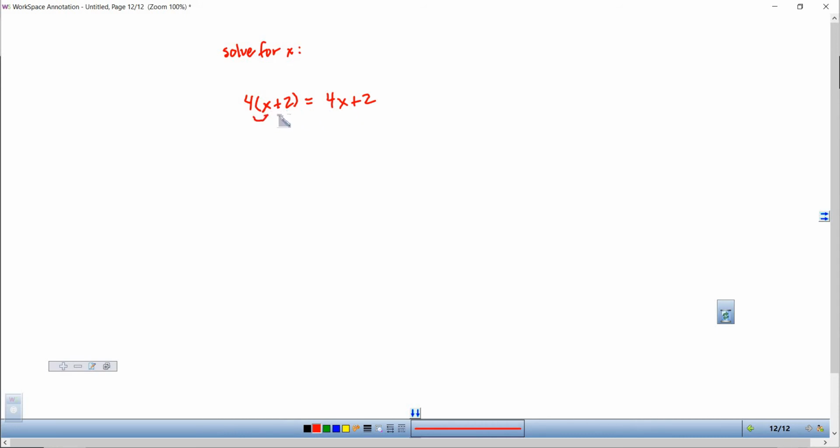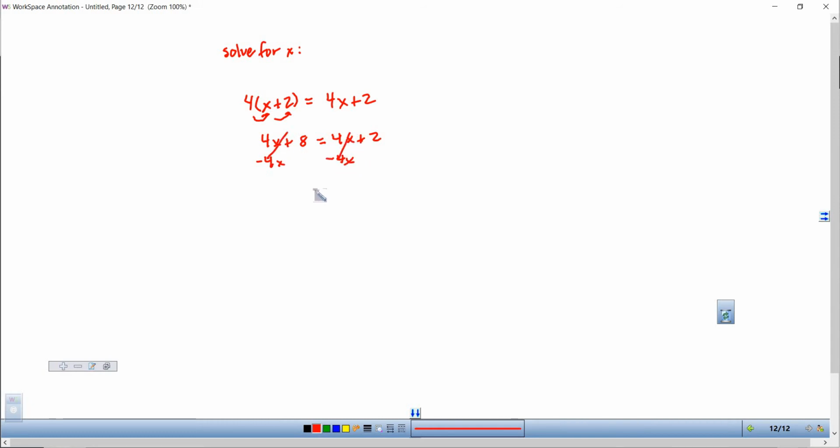Well, I'm going to go ahead and apply the distributive property here, and I get 4x plus 8 equals 4x plus 2. All right, now, Mr. Reeves said when you have variables on both sides, find the one with the smaller coefficient and subtract it. Well, they're the same. So I guess I'll just subtract 4x from each side since I don't have a choice.